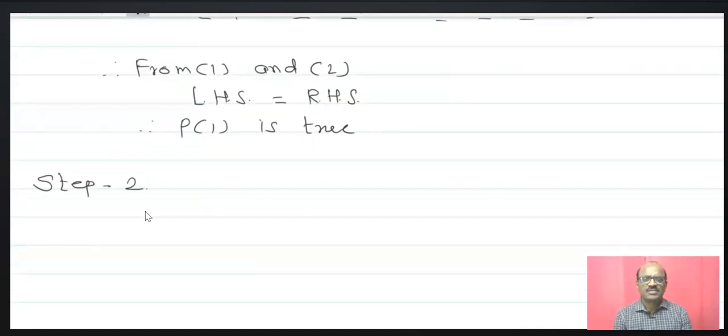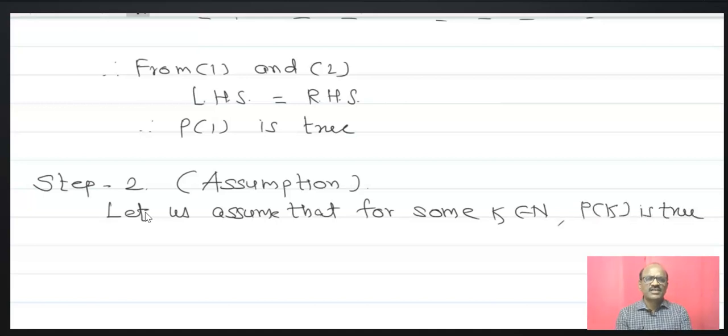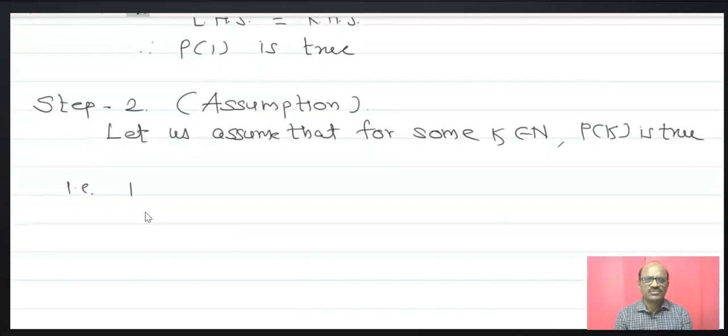Now step number 2, which is the assumption: the given result is true for n is equal to k. Let us assume that for some small k belongs to the set of natural numbers, P of k is true.